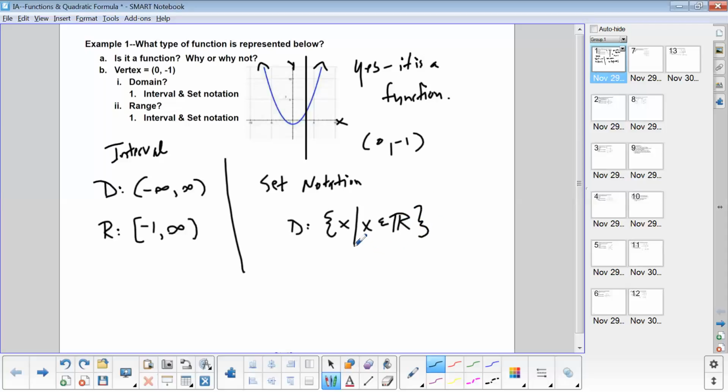So remember, this line here just is a "such that." This means element or a part, and this means all real numbers.